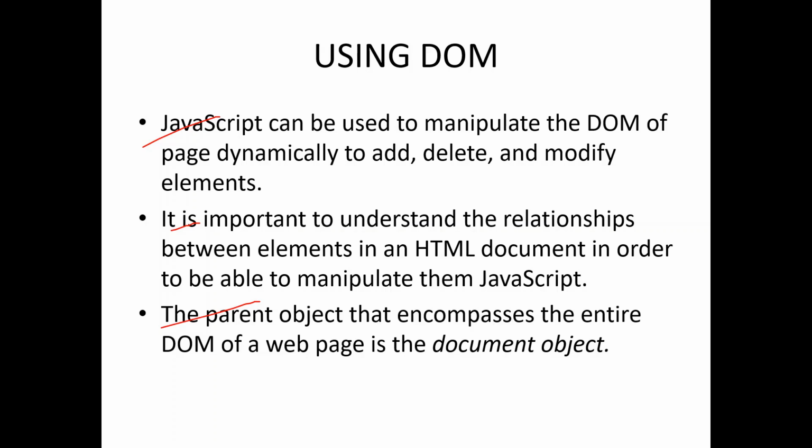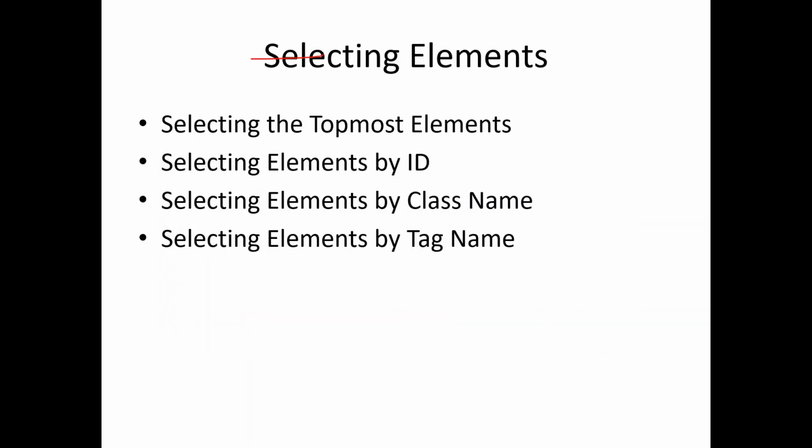All right, next. Selecting elements: you can use these to access the inner HTML elements. We have selecting the topmost elements, selecting elements by ID, selecting elements by class name, and selecting elements by tag name.